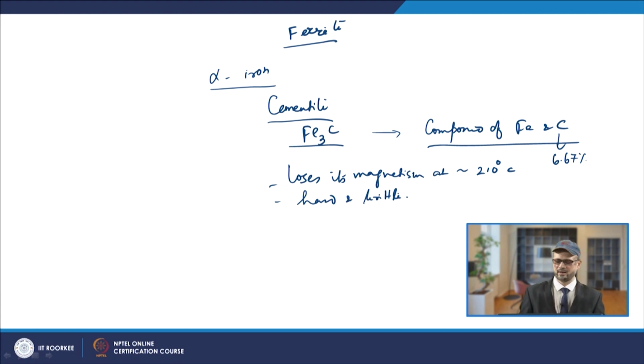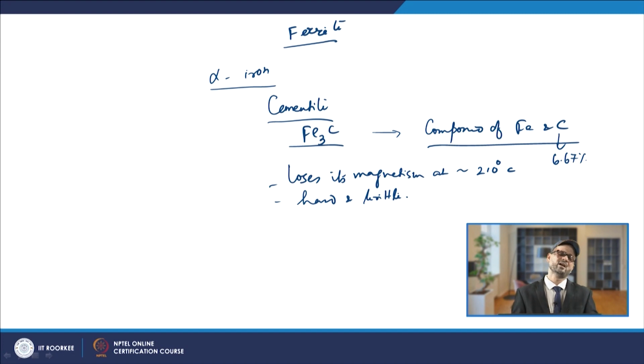Now, cementite can be present as free cementite, or it can be laminated with ferrite. That structure is formed at a certain invariant reaction, the eutectoid reaction.